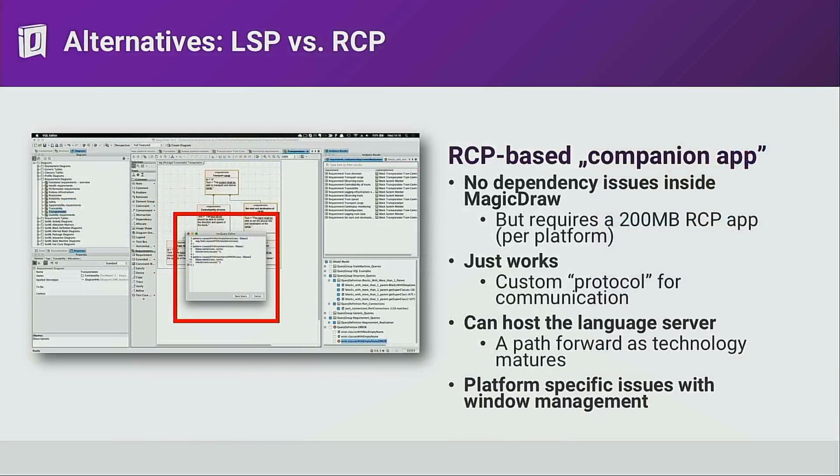And the interoperation between MagicDraw and this RCP application is done with Java remote method invocation, essentially. In the future, though, such an architecture can actually host a proper language server, which allows us to reuse this work in other contexts as well, like making it work together with VS Code and other LSP-compliant front-end platforms.